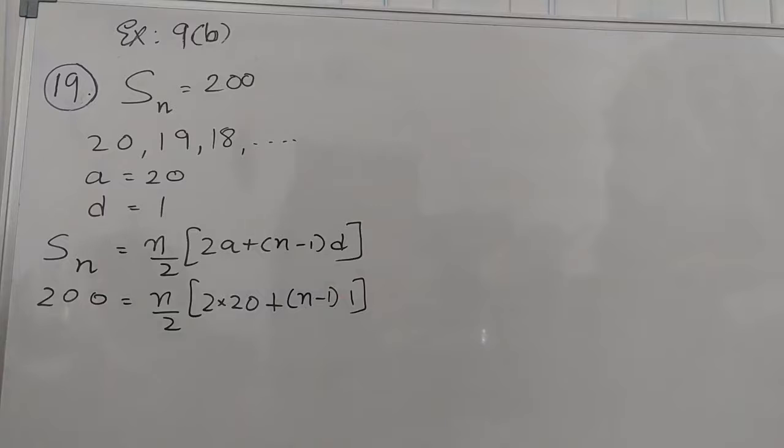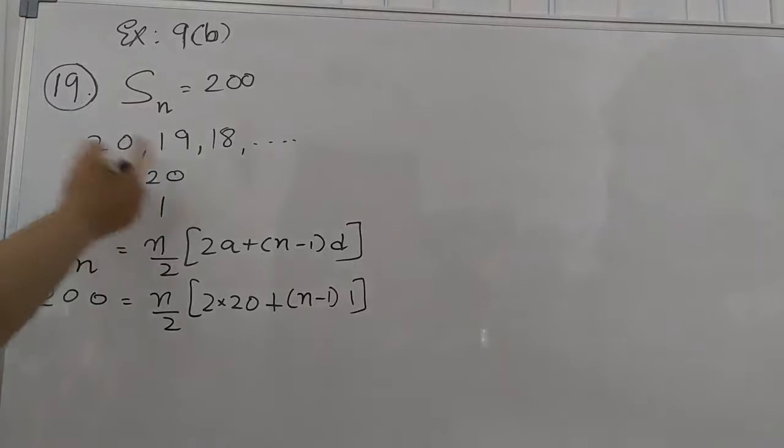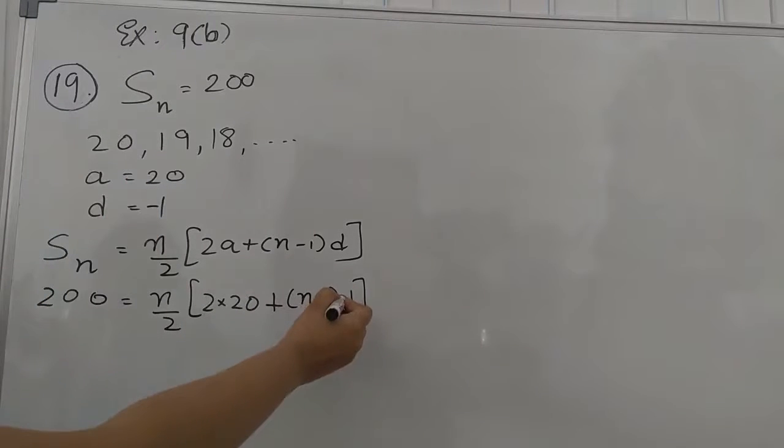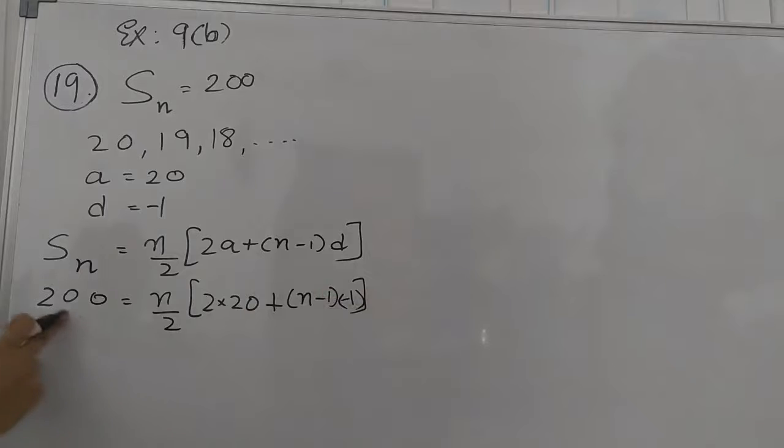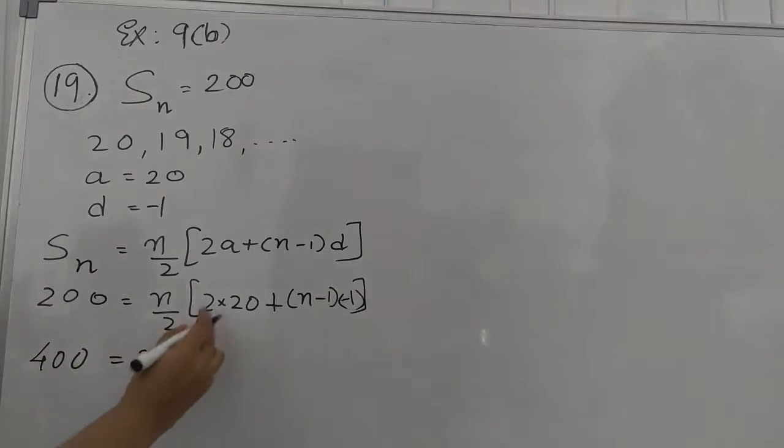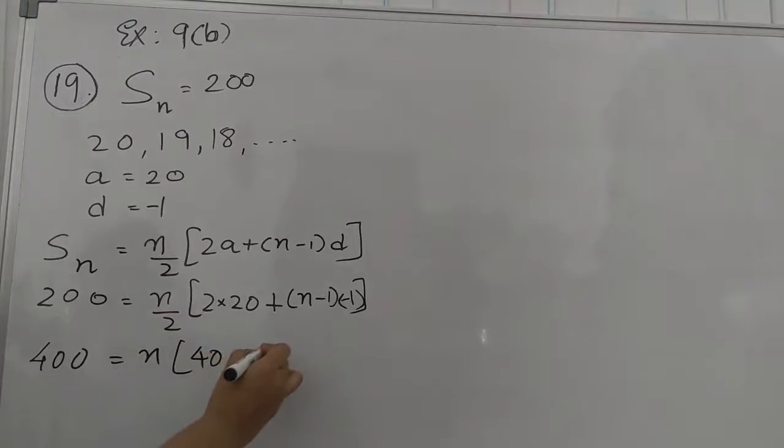One more thing, the d value is 19 minus 20, so we get minus 1. So we write d as minus 1. Now I take this 2 across, so 400 is equal to n in the bracket, 40 minus n plus 1. So 40 plus 1 becomes 41 minus n.